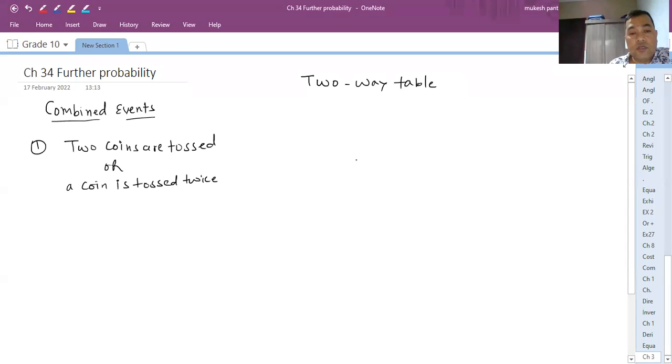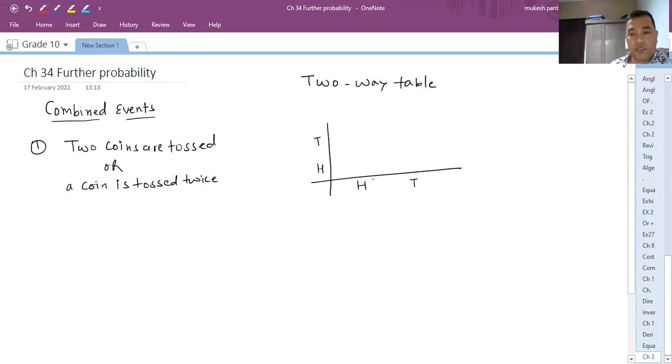See how you make a two-way table. If you toss a coin, you get head or tail. Here also, there are two possibilities when we toss a coin.